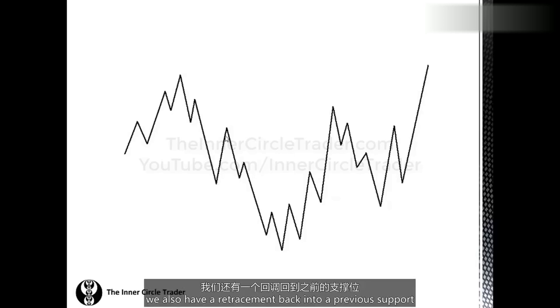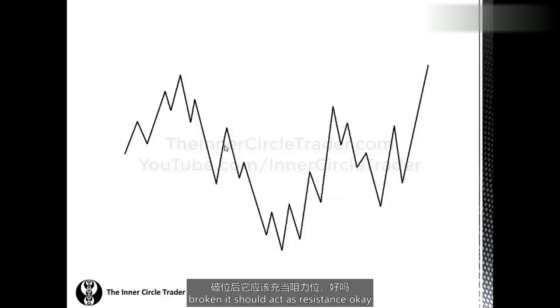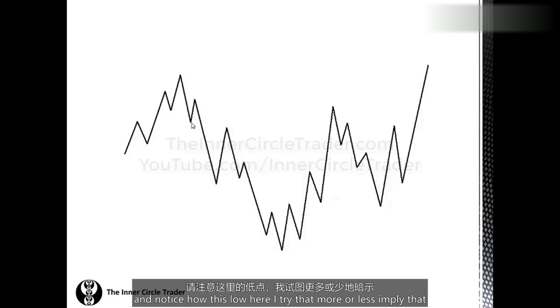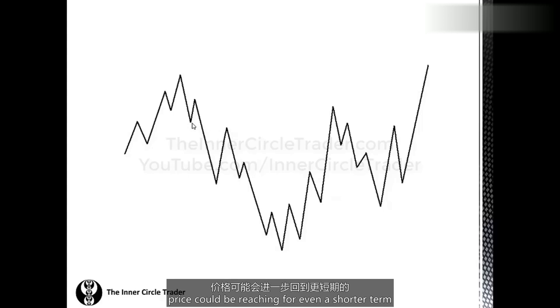Then we also have a retracement back into a previous support, broken, it should act as resistance, okay, and notice how this low here, I try to more or less imply that price could be reaching for even a shorter term support that's broken now as resistance.